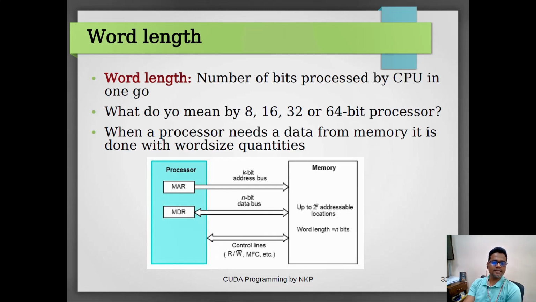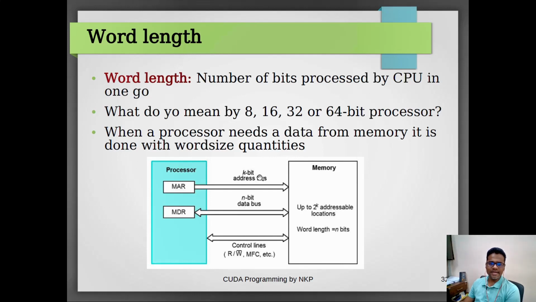When a processor needs data from main memory, it is done with word size quantities. You can see here a diagram that depicts a processor that is going to fetch data from main memory, and the main memory transfers the data on this data bus. So we have the address bus, data bus, and control lines.